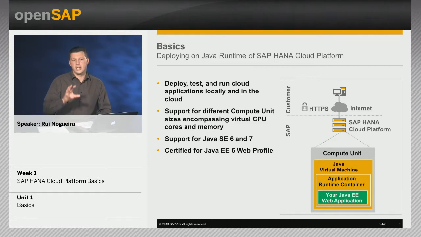And within this compute unit, you have a Java virtual machine where you put the application runtime container and where your Java EE web application resides. We currently support Java SE 6 and 7 and are also certified for Java EE 6 web profile.